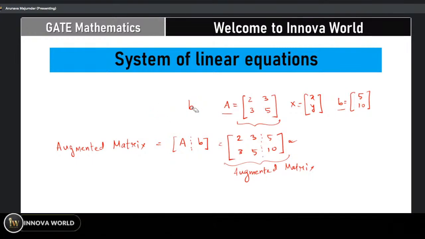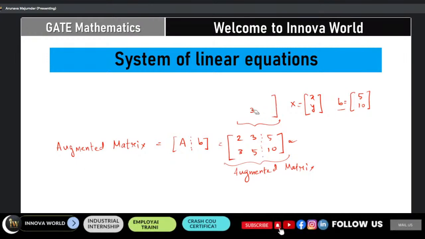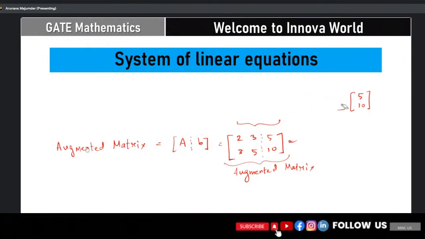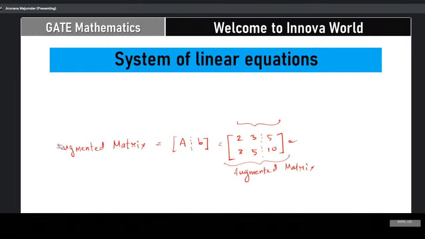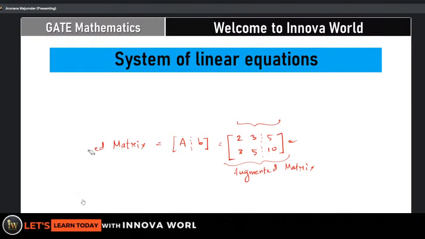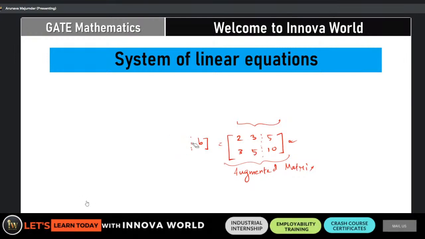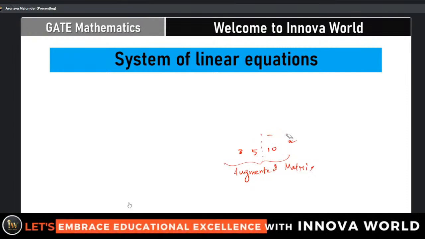But sometimes it also happens that we can find an infinite number of solutions, that is an infinite number of values of x, y, and z. How is it possible? Let me discuss in this particular example.